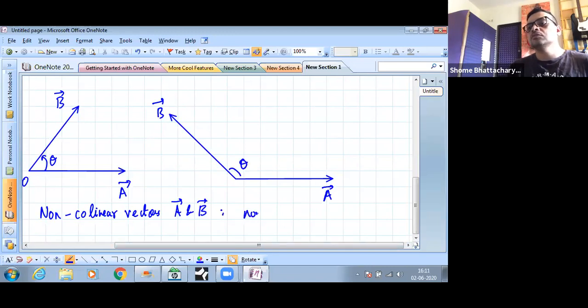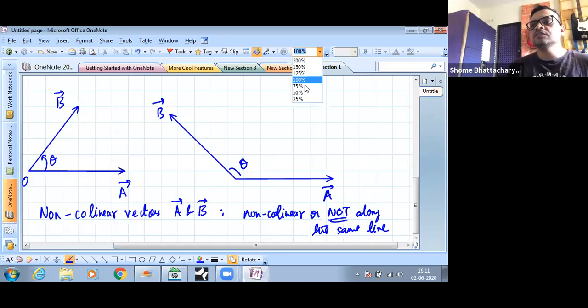Non-collinear means not along the same line. Okay.